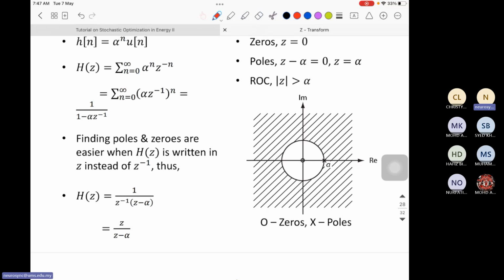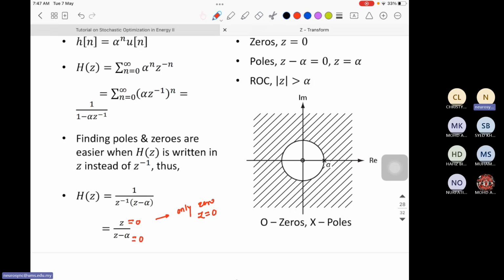Now to find zeros, we need to equate this numerator to 0. There is only one Z, so the power of the polynomial is only 1. Therefore, we will be having only one zero, and that zero is at Z equal to 0. Now to find the poles of the system, we need to make the denominator equal to 0.